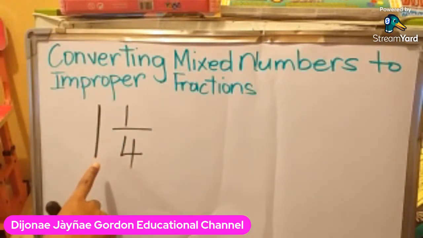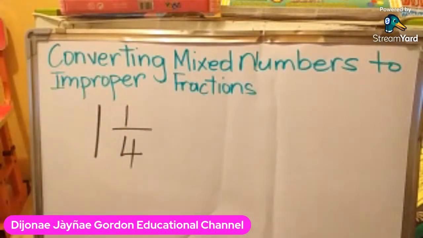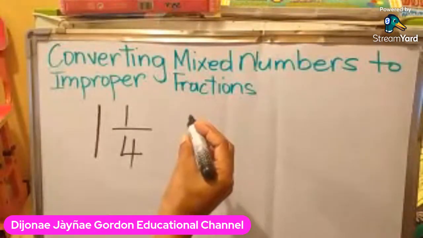Step number one, what we're going to do is ensure that we multiply. I think my internet is giving problems. It's cutting out. You are going to multiply your whole number by your denominator. So let's do it together.